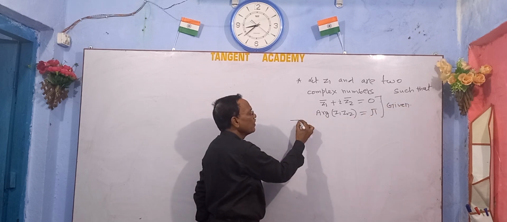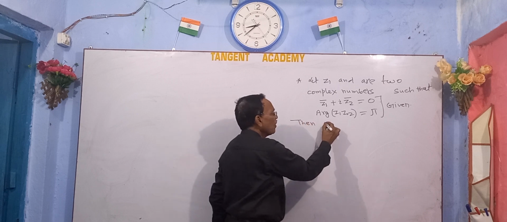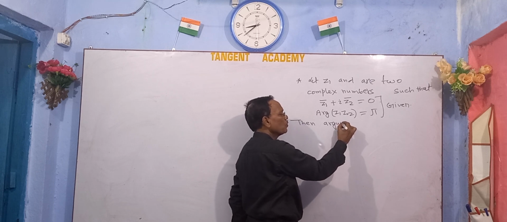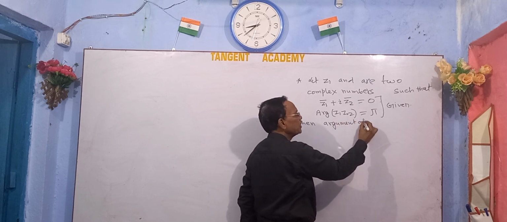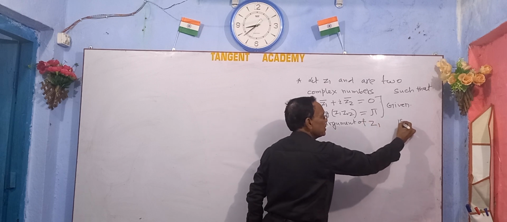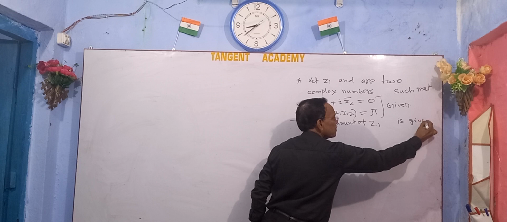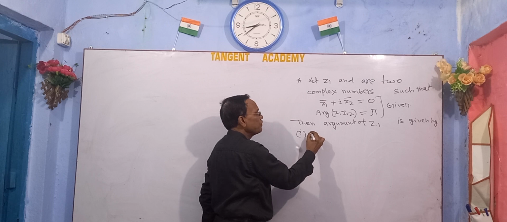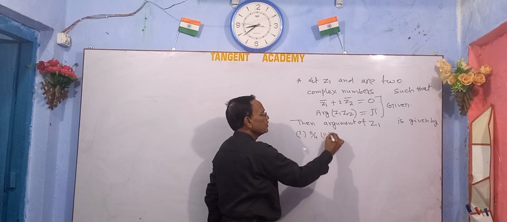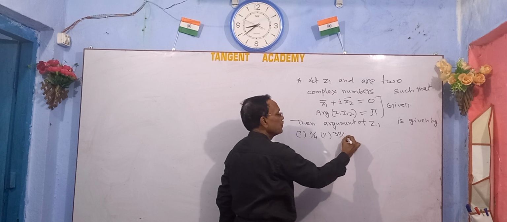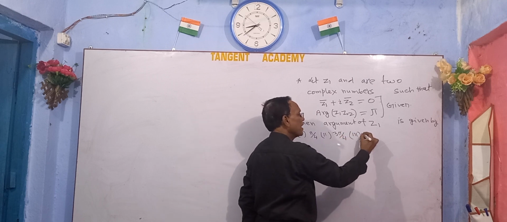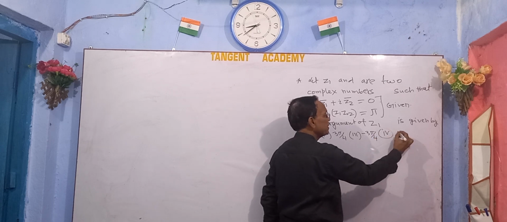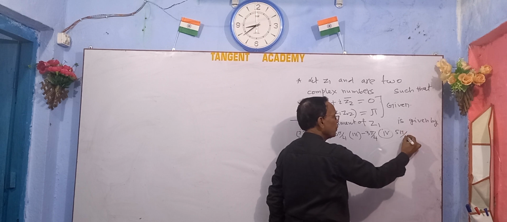Then the argument of Z1, that is also known as amplitude, the argument of Z1 is given by: pi by 4, 3 pi by 4, minus 3 pi by 4, and the fourth option is 5 pi by 4.